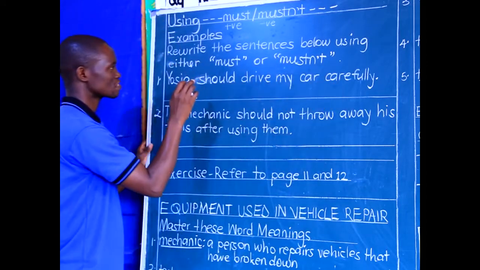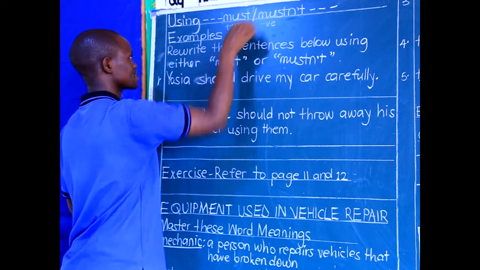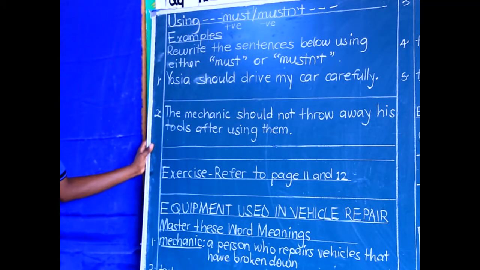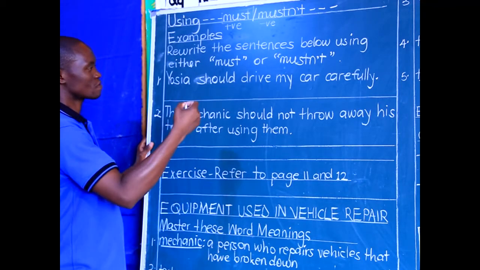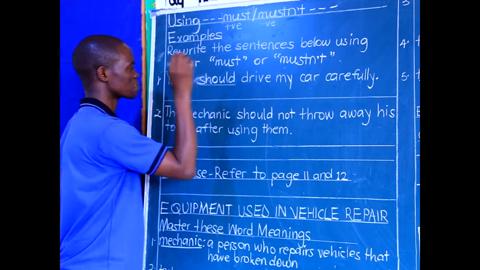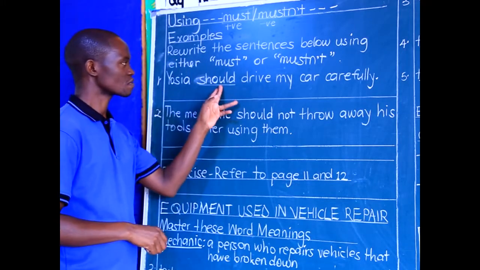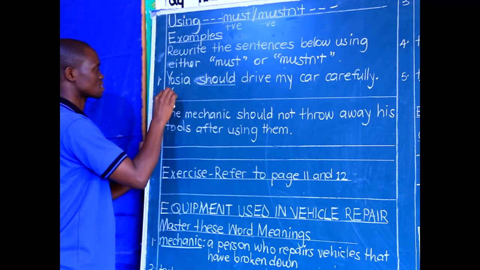Since it is affirmative, we are choosing to use must. Since must is a modal verb, or at your level you can call it a helping verb, and should is also a helping verb, we are going to remove it and replace it with must.